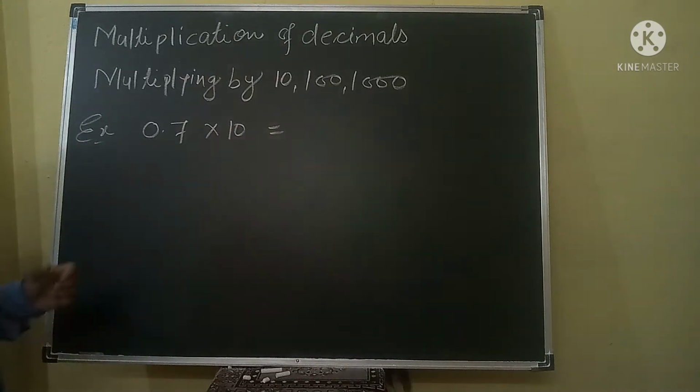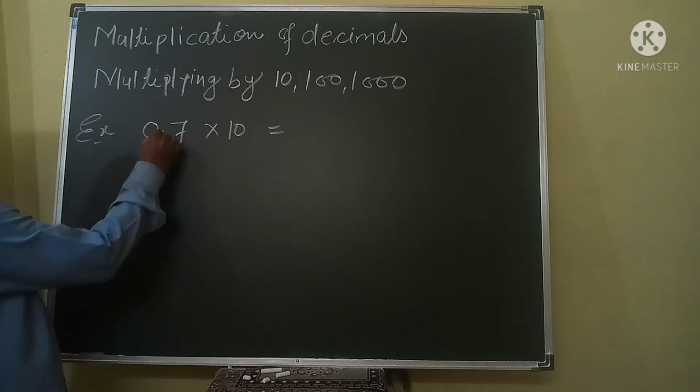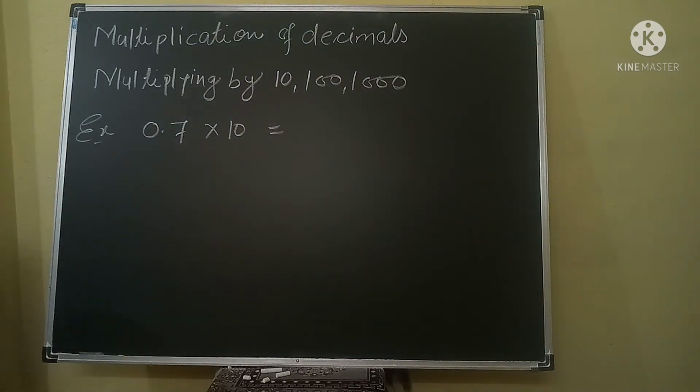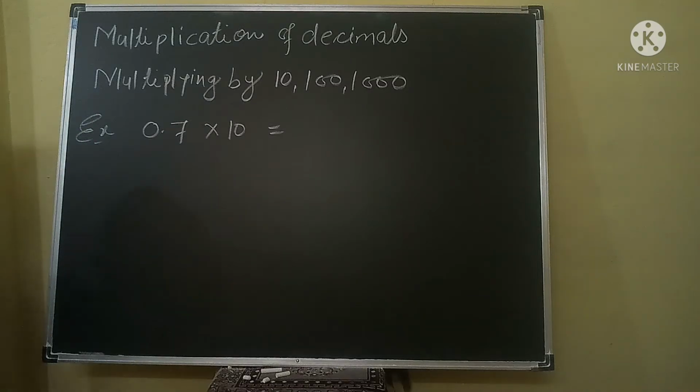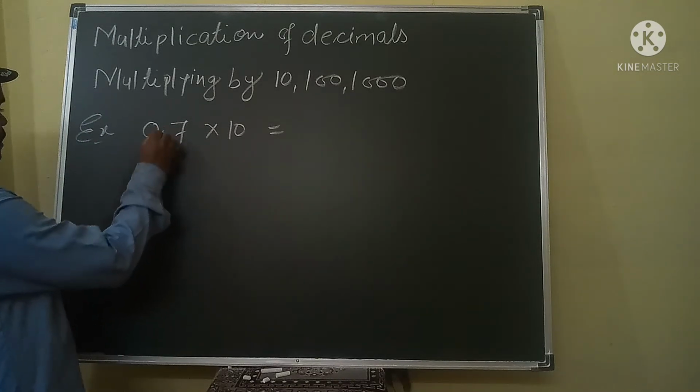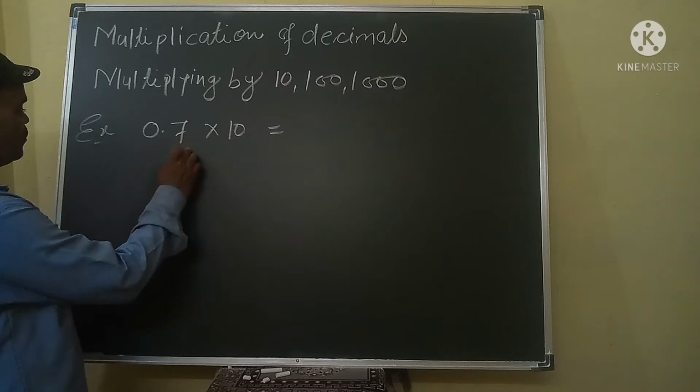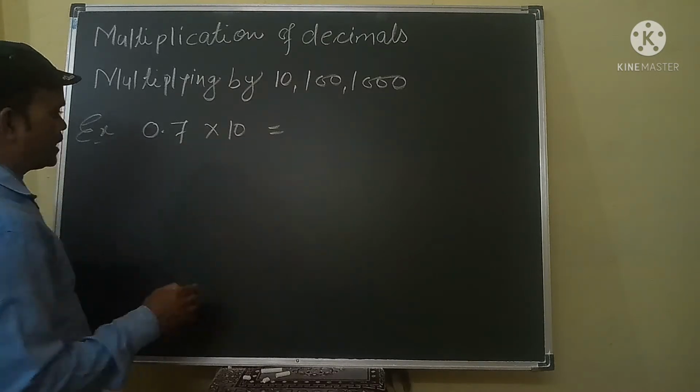So my dear student, what we will do? 0.7 into 10. That means in this decimal number how we will multiply it by 10.